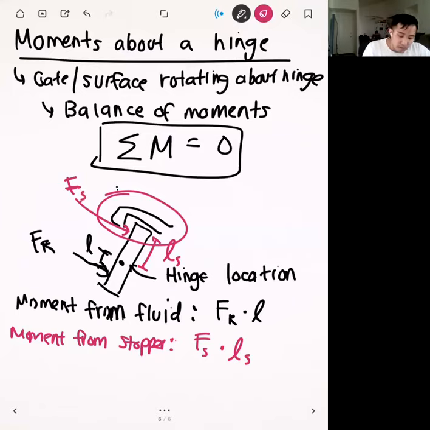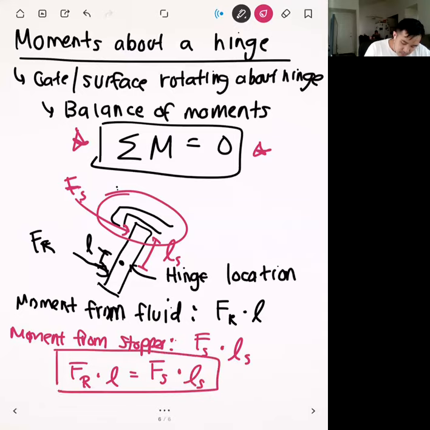Then to apply the sum of the moments equal to 0, you just set them equal to each other. From here, depending on what kind of problem you're solving, you can compute anything that you want.